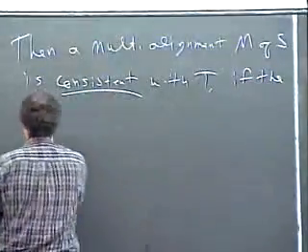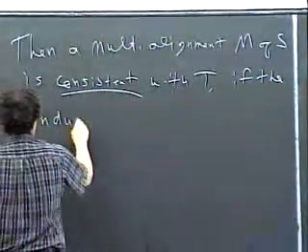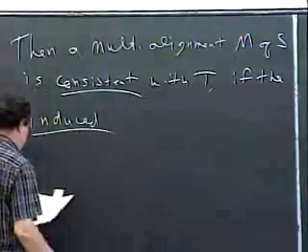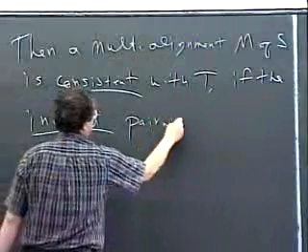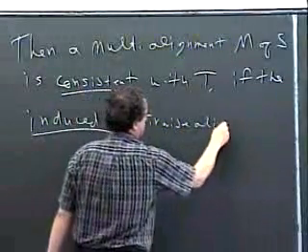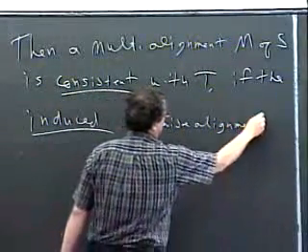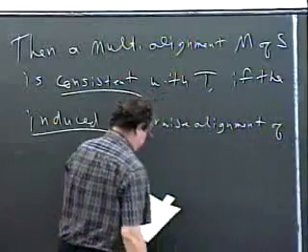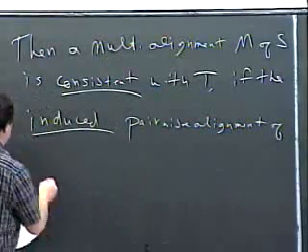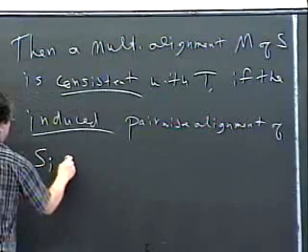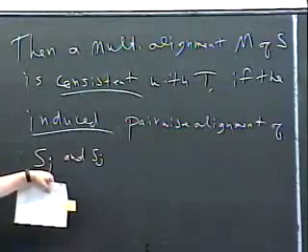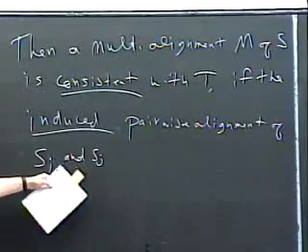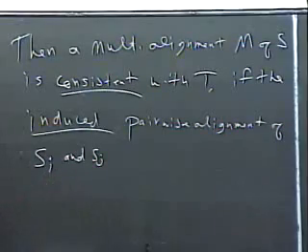If the induced pairwise alignment of SI and SJ, these are two strings, I'm subscripting one with an I and one with a J, okay?